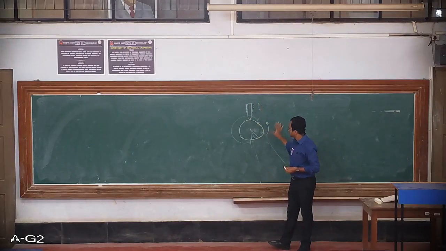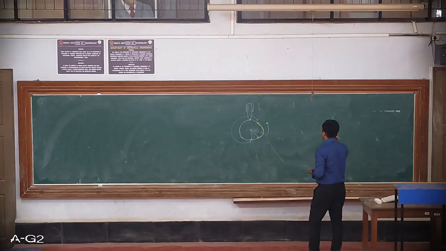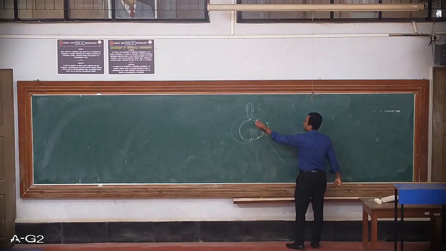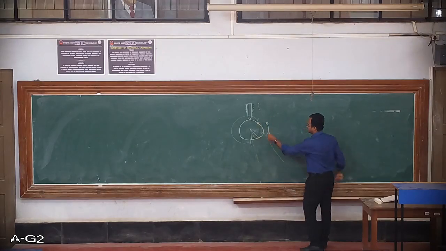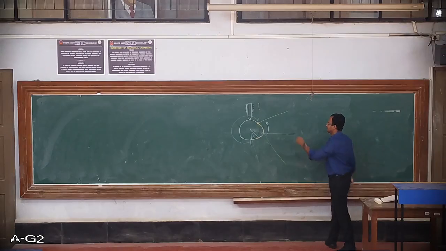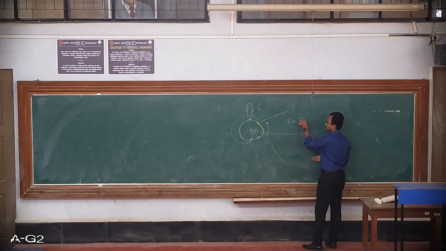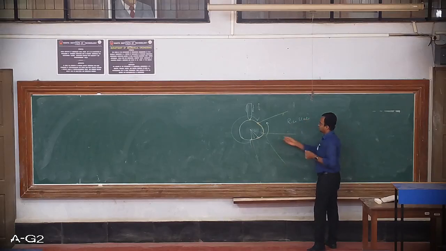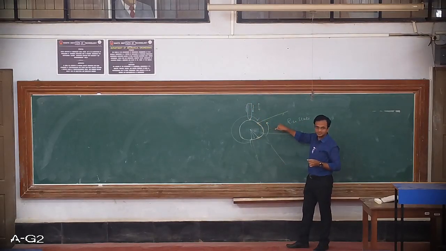So with this basic idea, we classify the terminology as follows. Whenever the follower is moving up for a particular section of the CAM, that is this particular section, I am going to term it as rise stroke, because the follower will rise upwards as the radius is increasing.